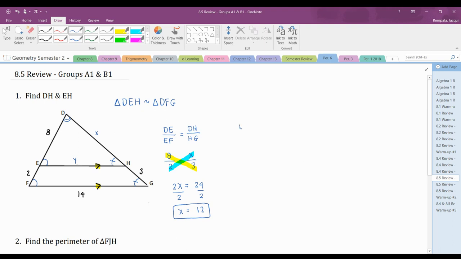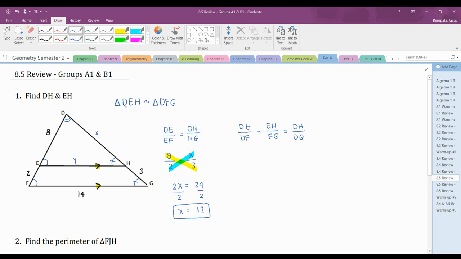So notice that DE is going to be corresponding to DF because the first two letters of the first triangle are going to go over the first two letters of the second triangle. That's going to equal EH over FG. That's because the last two letters of the triangle have to go over the last two letters of the second triangle. But then that's going to equal DH over DG.